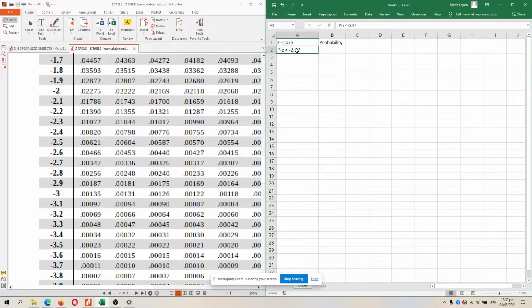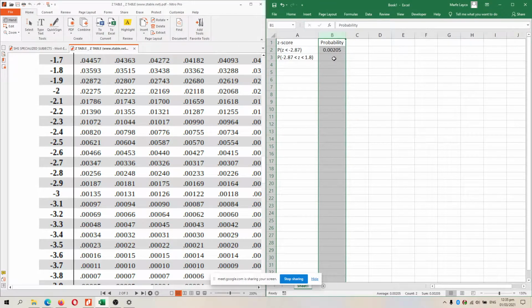So, yung answer natin dito ay, ang answer natin dito ay 0.00205. Ayan. Paano naman kung ang gagawin natin is, yung z-score natin is between, ayan, so between negative 2.87 and 1.8. So, paano natin isa-solve yung probability na hinahanap natin dito?